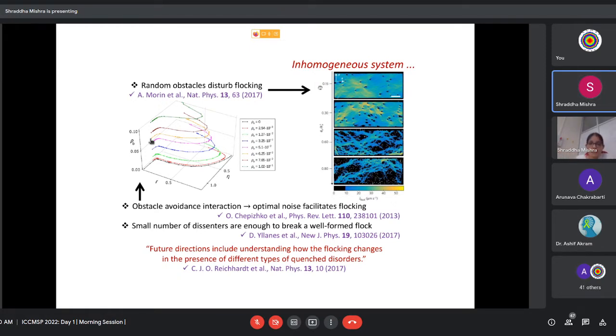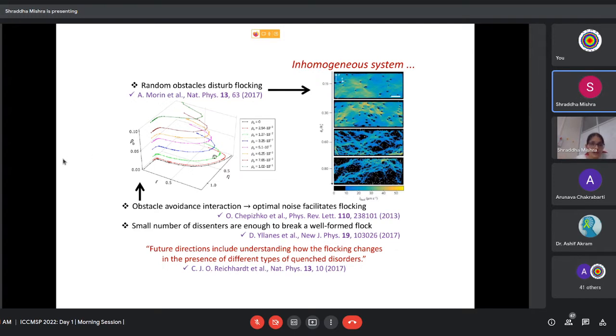Okay, so this is one experimental study, and in this work they have also studied the phase transition as a function of obstacle density, from finite current to zero current, and they found a kind of first order phase transition from the flocking to the disordered state. But there are also numerical simulations of physical obstacles placed in the path of moving rods or moving particles.